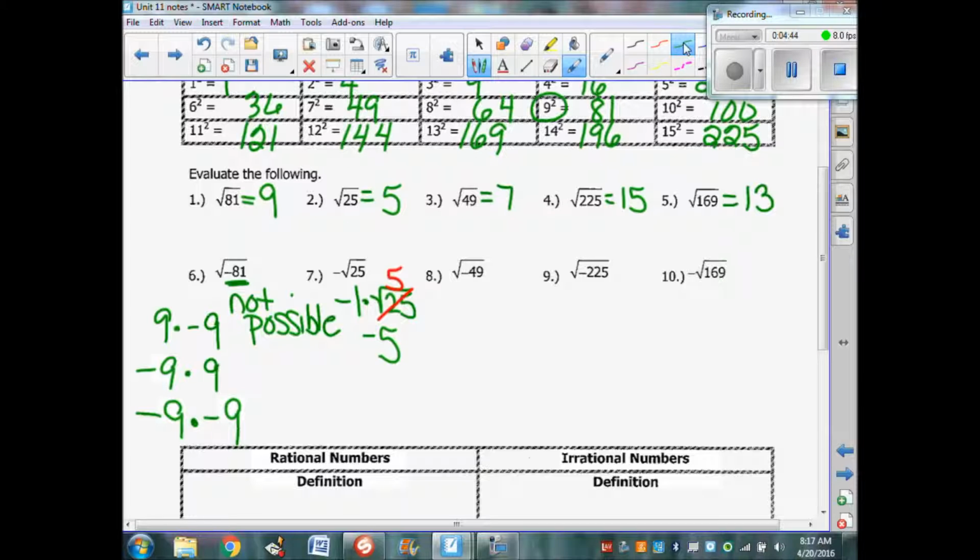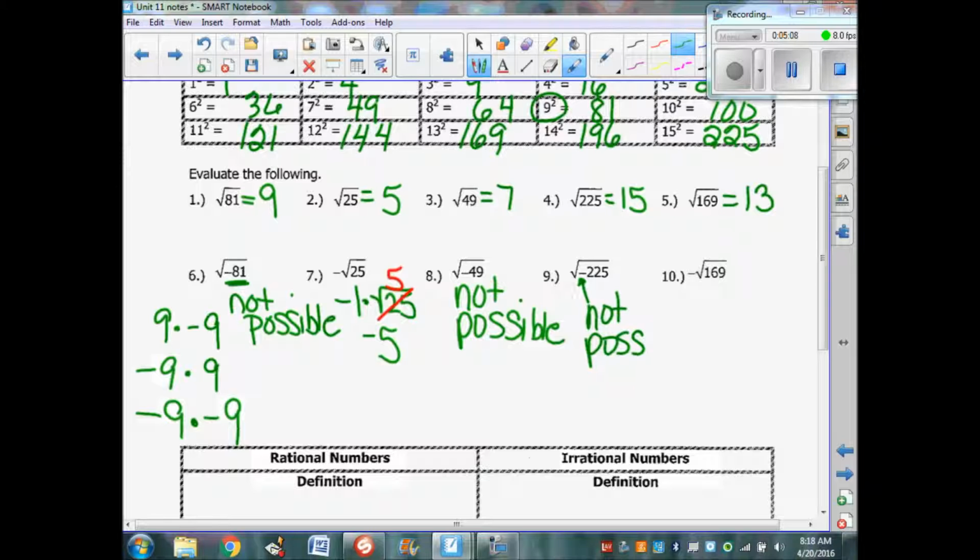But now I go back to number 8, and it's the square root of negative 49. The negative is inside the radical, so is that possible? No. Not possible. Number 9, same thing. The negative is inside the radical.